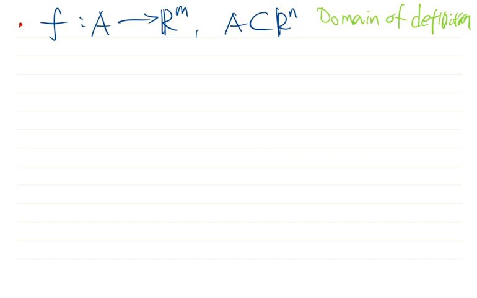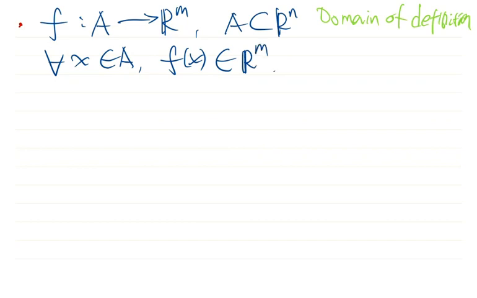Okay. When we are given a function like this, then if x is an element of A, f(x) will be an element of Rm, depending completely on the choice of x. You take different x from A, you will get different f(x) in Rm, right?